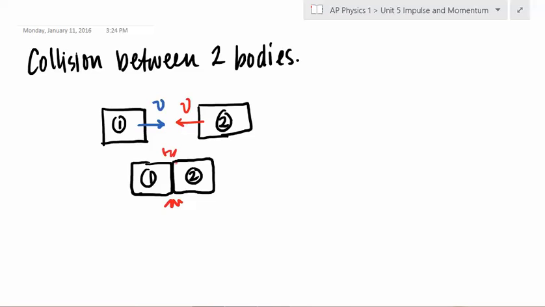So, does mass 1 put a force on mass 2? Does mass 2 put a force on mass 1? So mass 1 applies a force. So the force on 2 from 1 on 2.